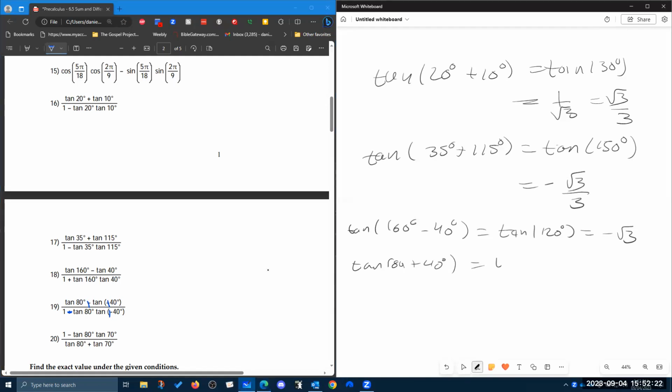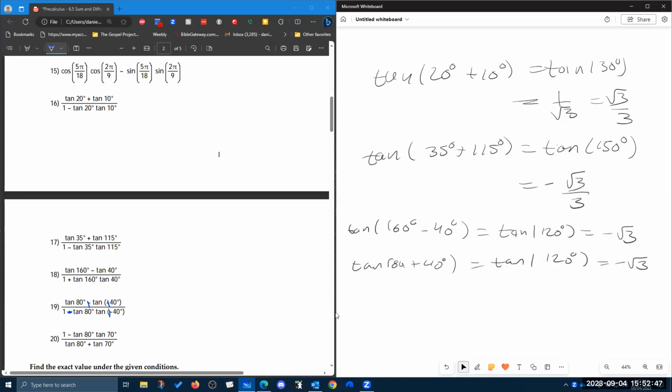So this is tan of 120, which is a 60-degree reference angle in quadrant 2. It's the same problem as above, just written differently. And then we have a cotangent right here.